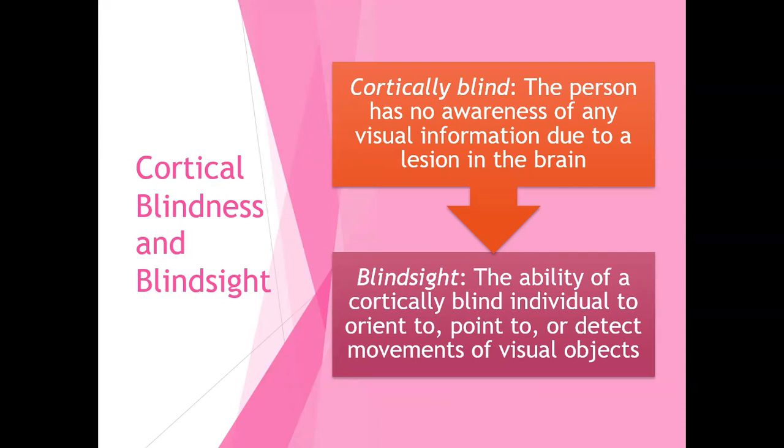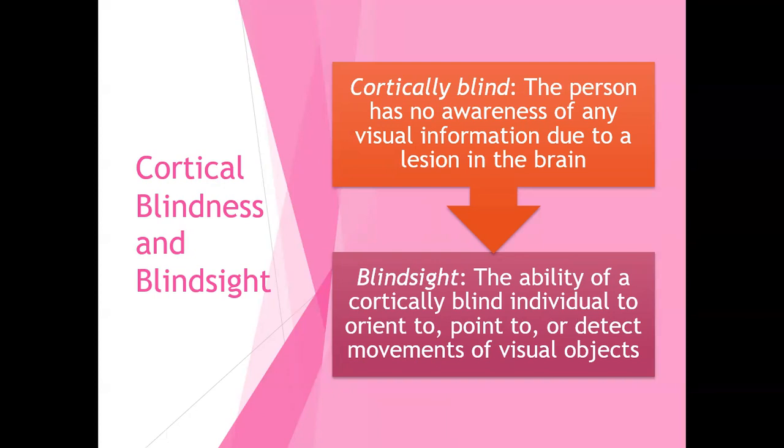Someone who has cortical blindness has a lesion in the visual cortex. So they don't have any awareness of visual information. However, someone who has cortical blindness can often orient to or point to or detect movement of visual objects as long as they still have innervation in the retina.